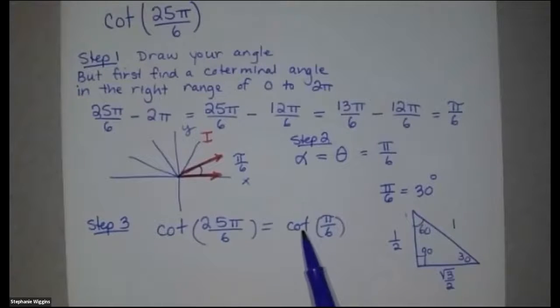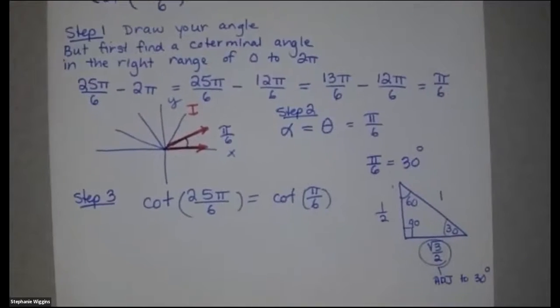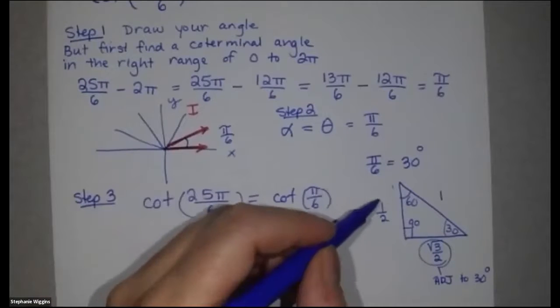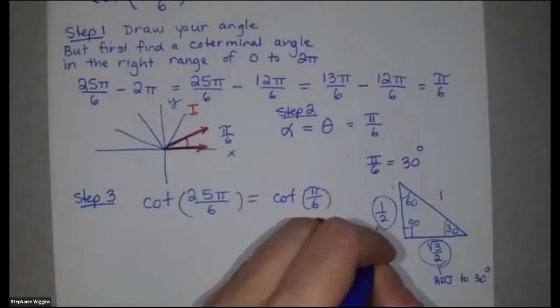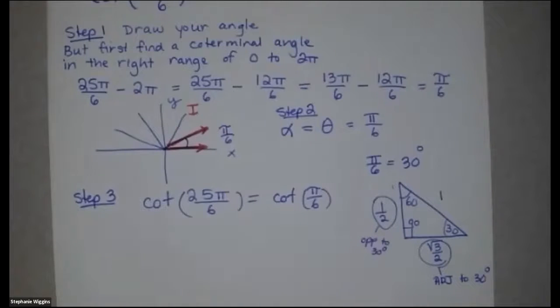Tangent is y over x, so cotangent is x over y, or if you will, the adjacent over the opposite. So the adjacent is right here. That's the adjacent to 30 degrees. Okay, and this is the opposite to 30 degrees.